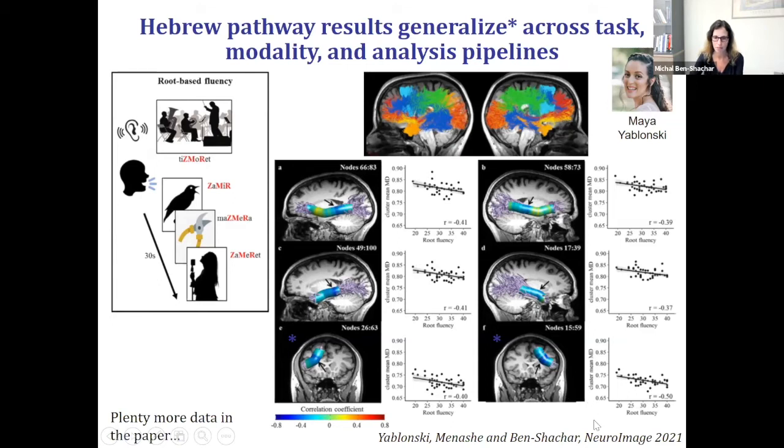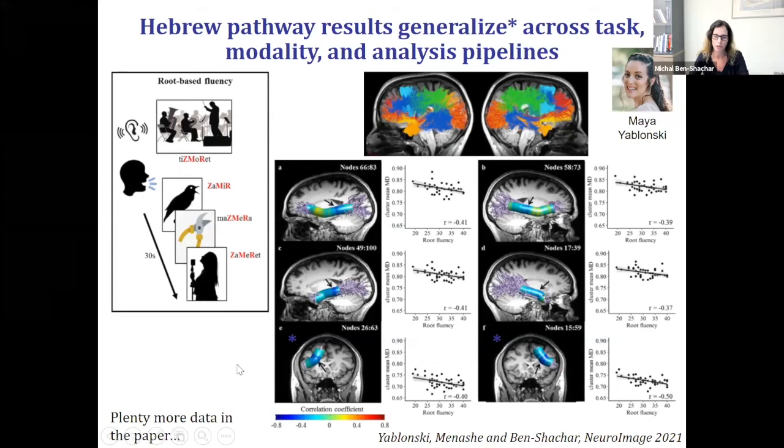I'll talk more about this pathway in the second story, but it's important to notice here that when you change the task to a task that involves producing language, something changes. The task really modulates the findings that we can demonstrate in the white matter pathways.